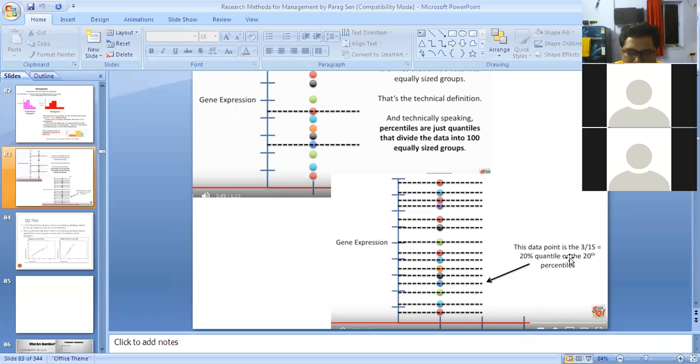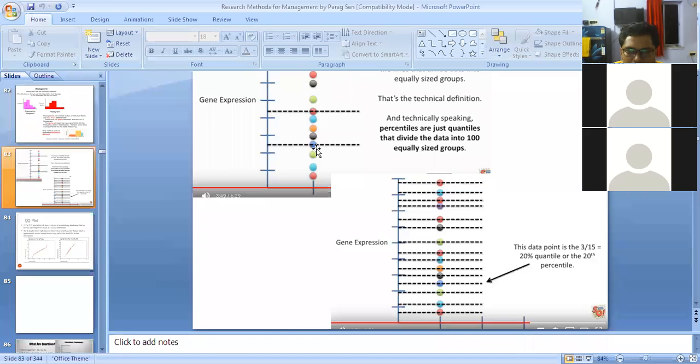So this data point is 3 divided by 15. Why 15? Because there are a total of 15 data points. So this data point is the 20% quantile, or the 20th percentile, you can say.